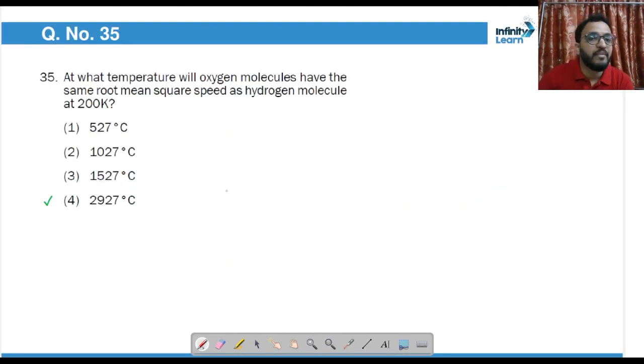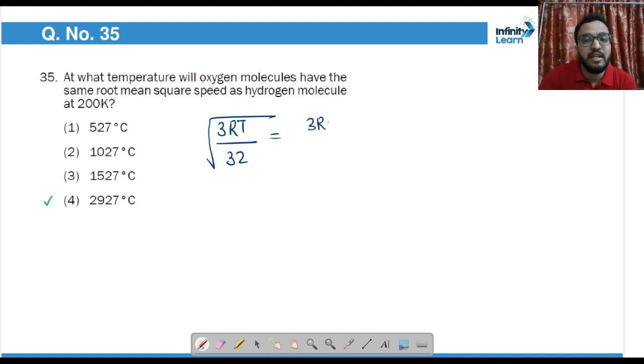Accurate answer. Okay. 35. At what temperature will oxygen? See, what is the formula? Root over 3 R T by m naught. So the temperature for oxygen will be, oxygen is 32 grams.